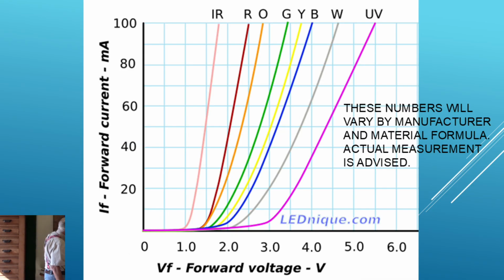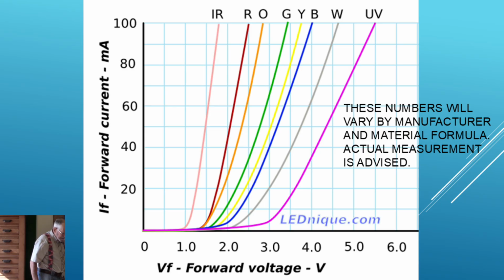The order of separation between them is the same. Where they fall on that graph depends on the manufacturer a lot. But the ultraviolet always has a large forward voltage, and the infrared always has the smallest forward voltage.